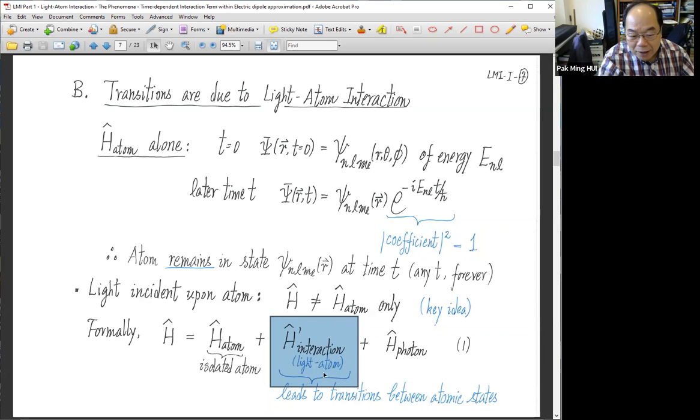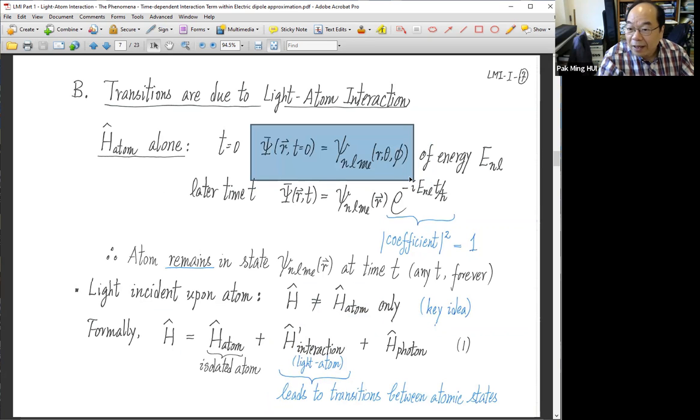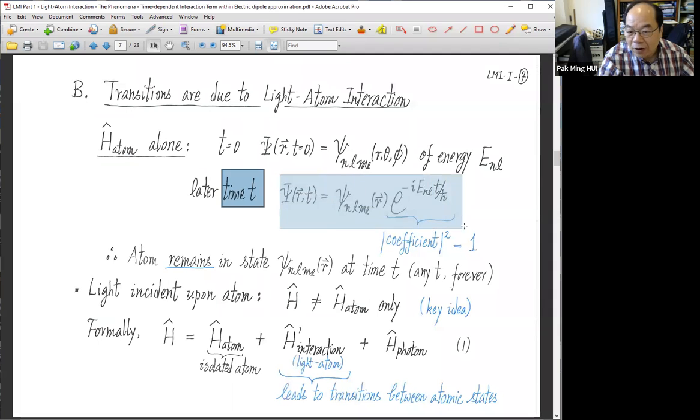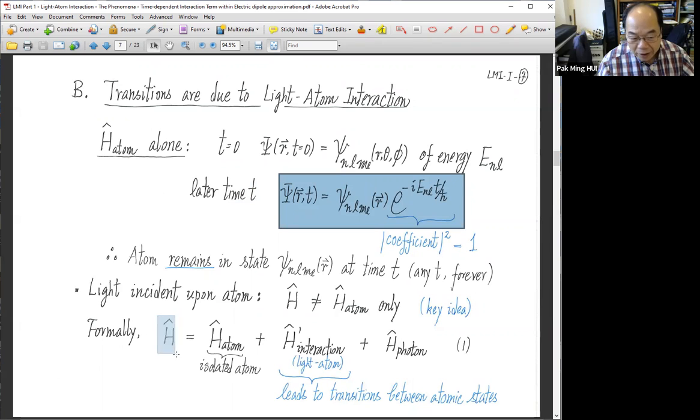So all in all, once you include light, the Hamiltonian is not atom alone. Therefore, simply put, this state is an eigenstate of H atom alone. That is before light comes in. But after light comes in, at later time t, this alone is not an eigenstate of the whole Hamiltonian.